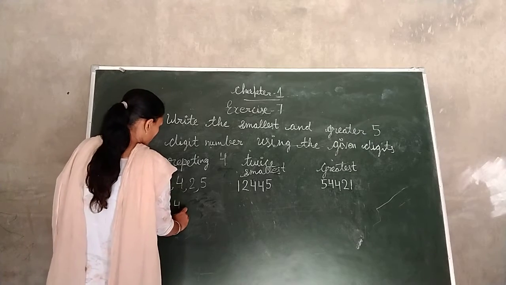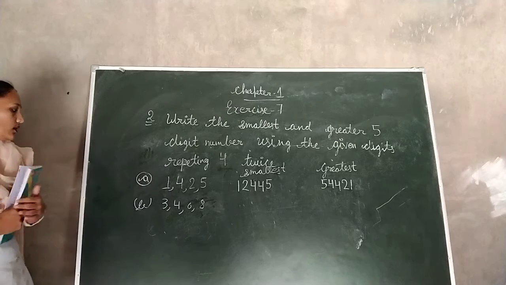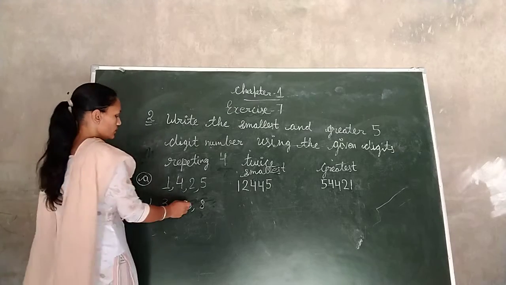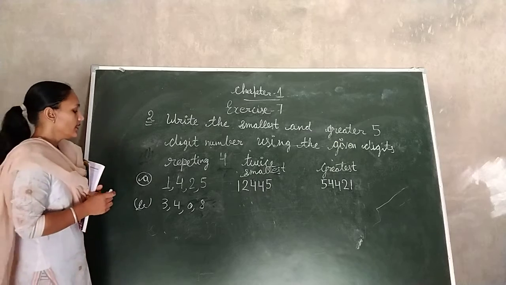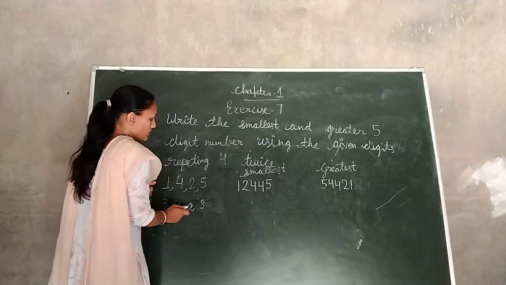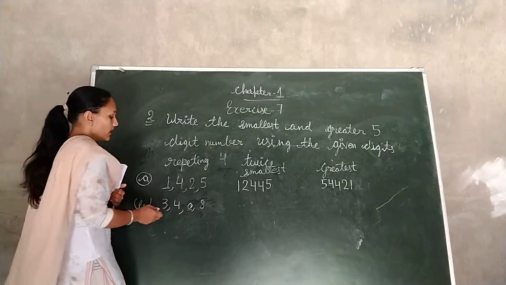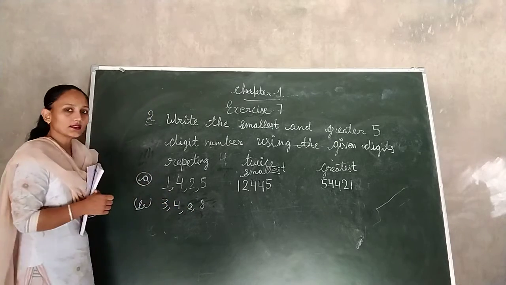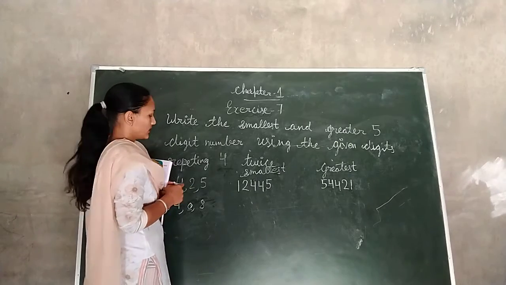3, 4, 0, 8. Now what we have to do, when we have to make the smallest number, then we should not insert 0 as the starting digit, as we have discussed earlier. If we start with 0 as the starting digit, then the number is of 4 digits.